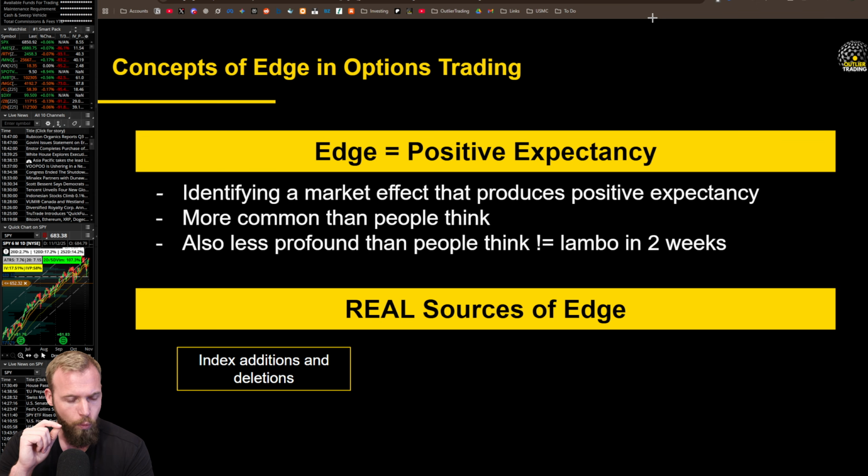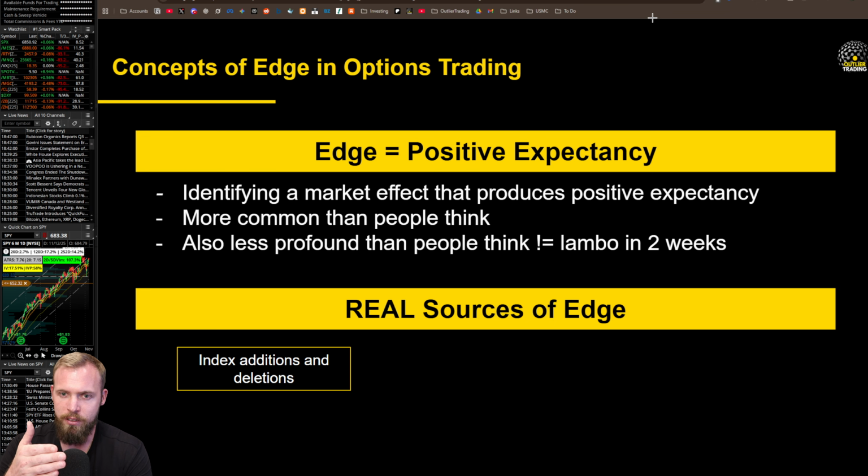So one of the ways that we can create true edge is through stuff like index additions and deletions. There's a phenomenon that as a company gets added to an index, it tends to experience positive flow. We can rationally, logically pursue this because if something is in an index, it's going to naturally have more capital flowing into it.